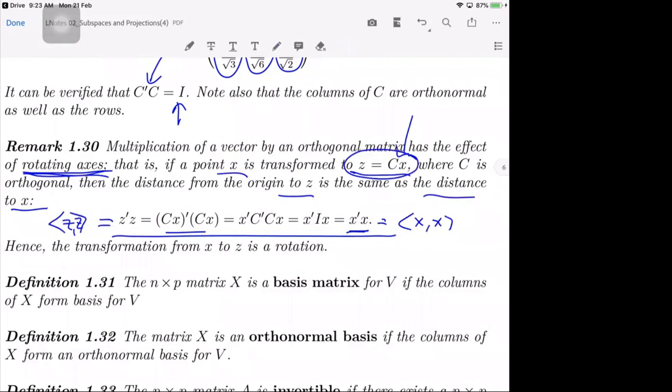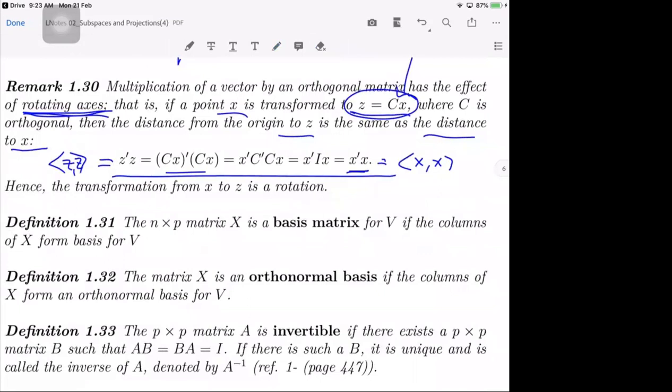So that's the importance of having an orthogonal matrix.